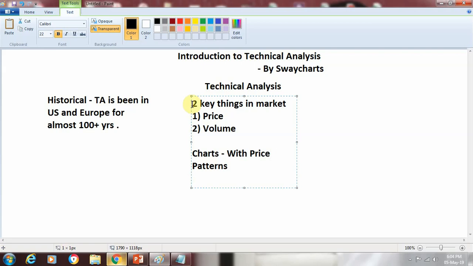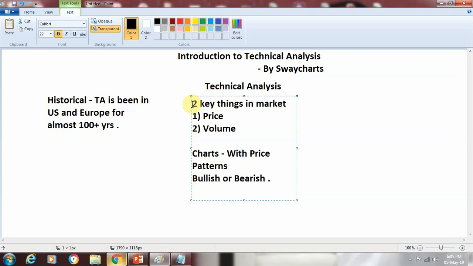Now, these price patterns can be either bullish or bearish. Hope you recollect from the previous video what bullish and bearish mean to us. Just to recollect, bullish is our view in the market if we are expecting the price to rise from the current levels, and bearish is our view if we are expecting a fall in the price from the current levels, right?